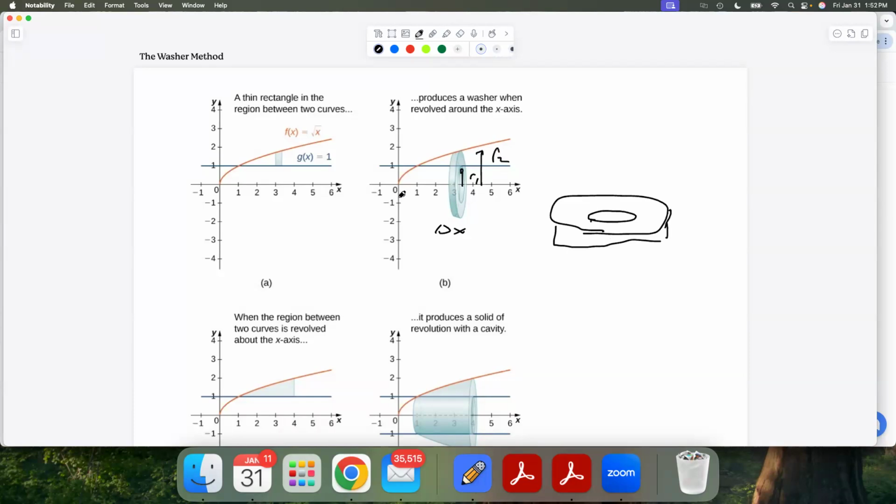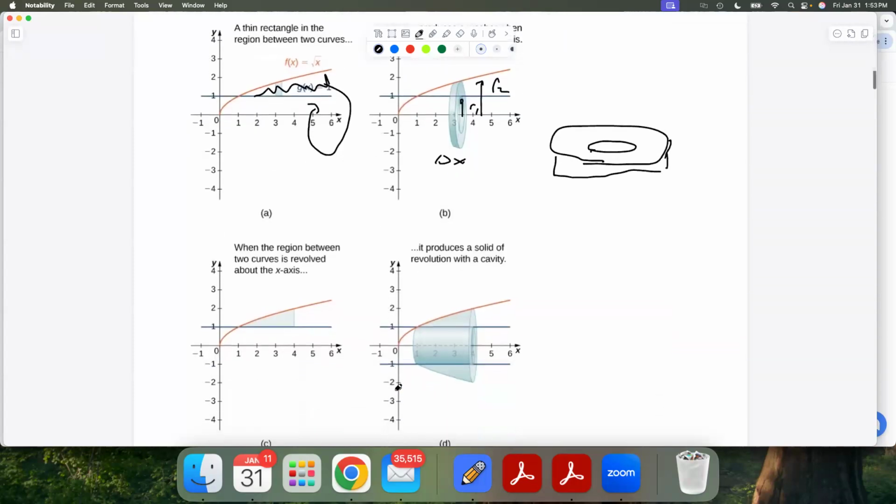And then we're going to find the volume we get by taking this area here and rotating it around, in this case, the x-axis, so we get some shape that looks like this. Notice it's got a cavity on the inside. All of this stuff inside here is empty. So with the washer method, we're imagining taking a whole bunch of washers.